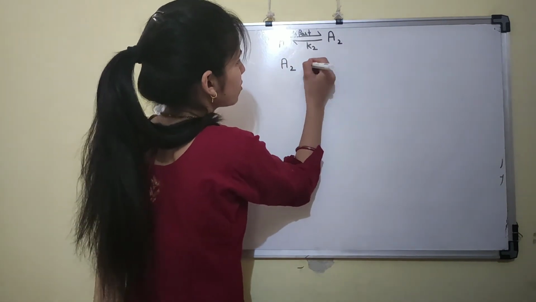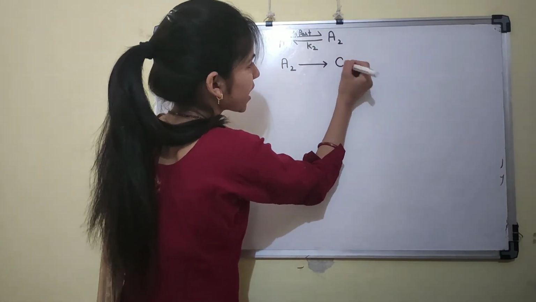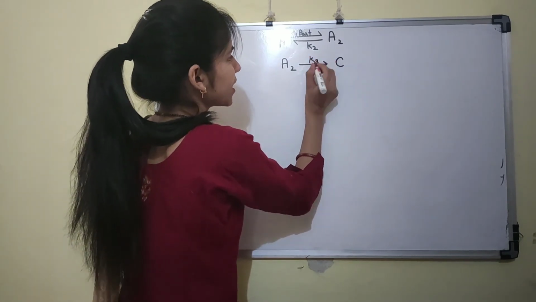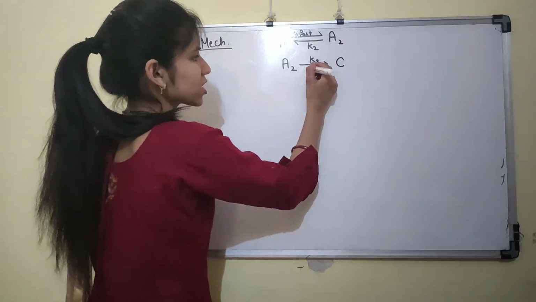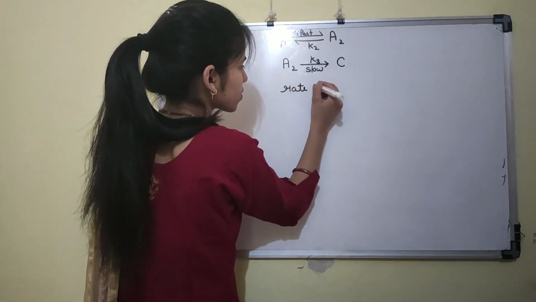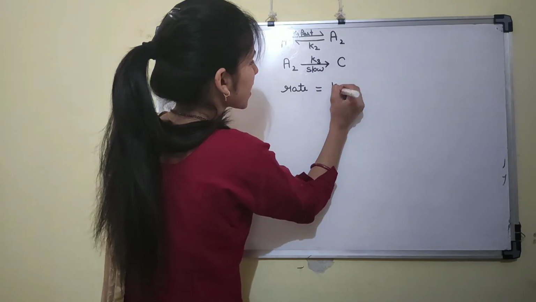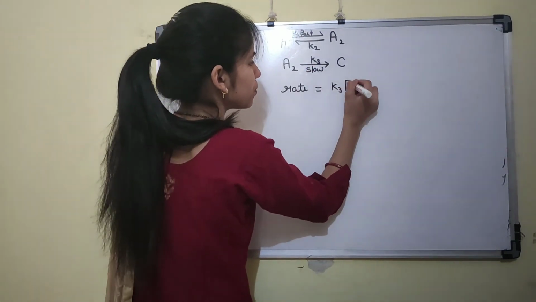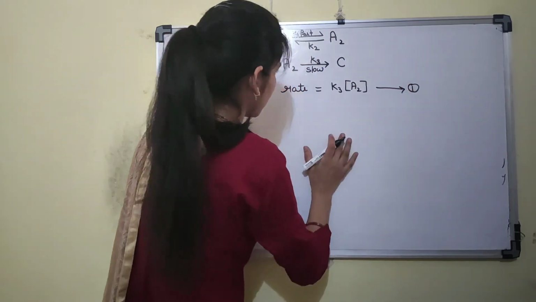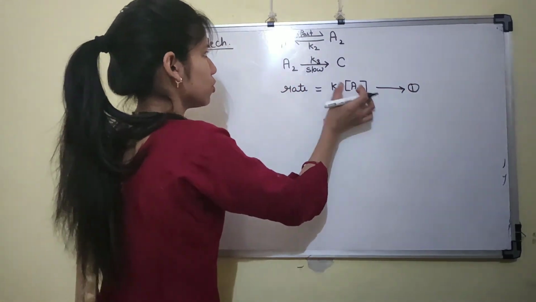So A2 forms the product, that is C2, and this has rate constant K3. So the rate of reaction depends on the slow step. So the rate is equal to K3 into A2. This is our first equation. Now we find the value of A2.